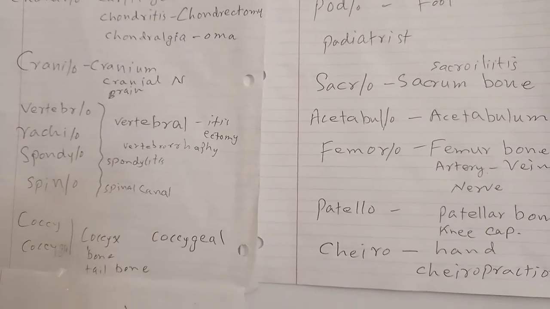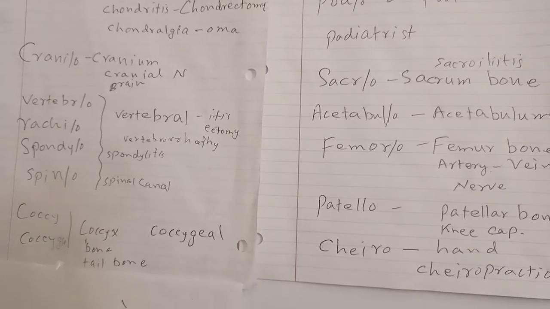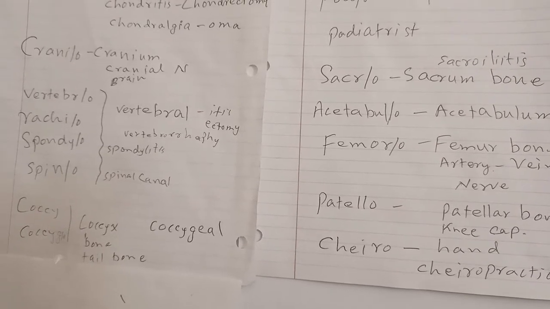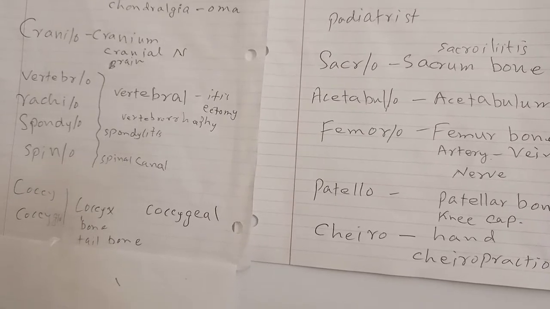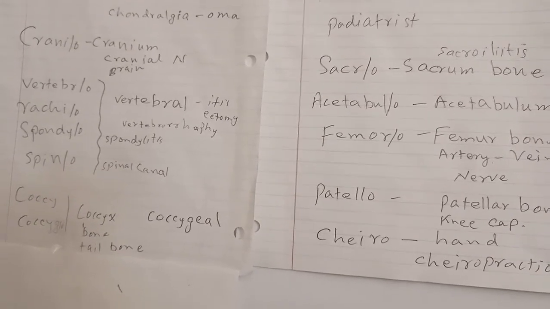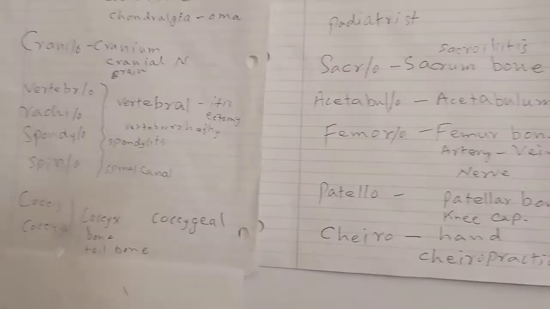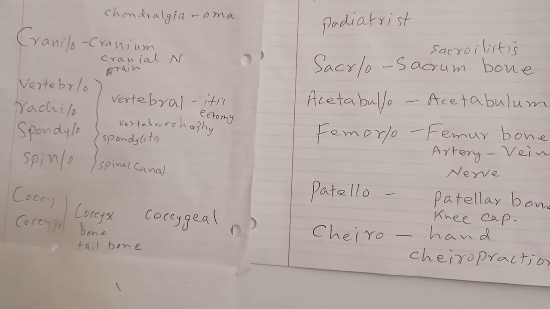The words I make from vertebra are vertebritis, infection of the vertebra, vertebrectomy, surgical removal of the vertebra, and vertebrorrhaphy. Rhaphy is suturing. The bones can be sutured, but not with thread, with wire.